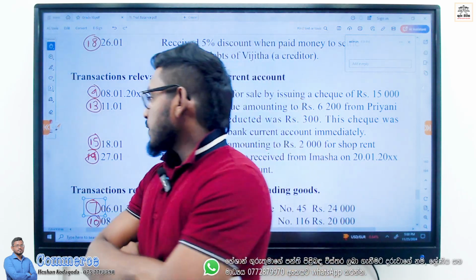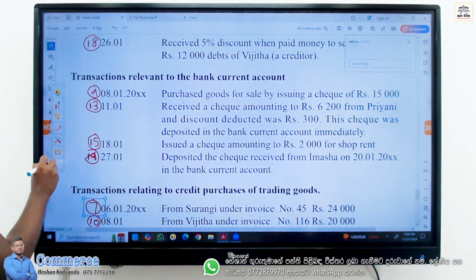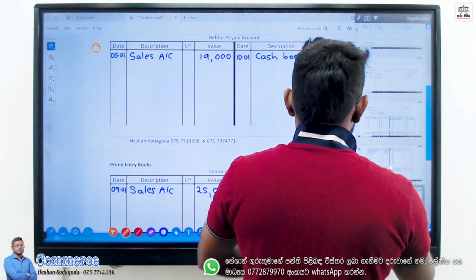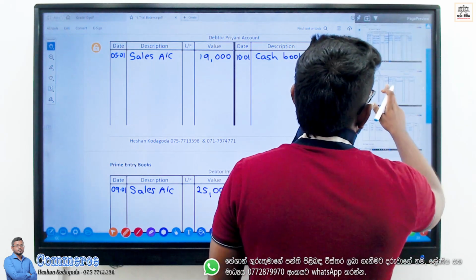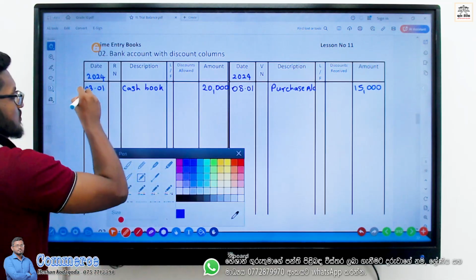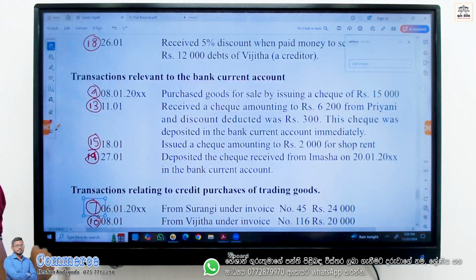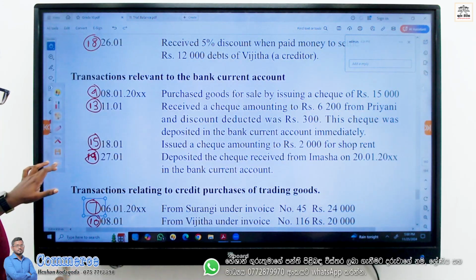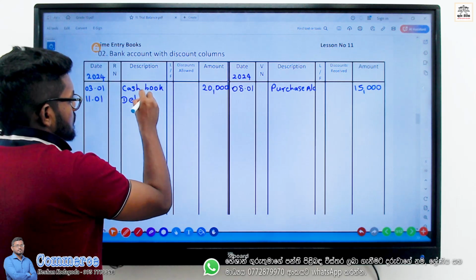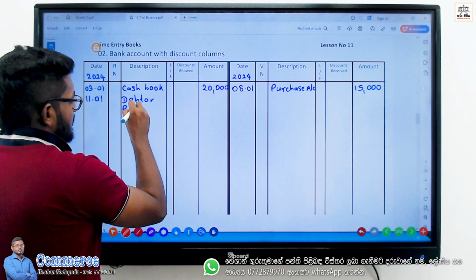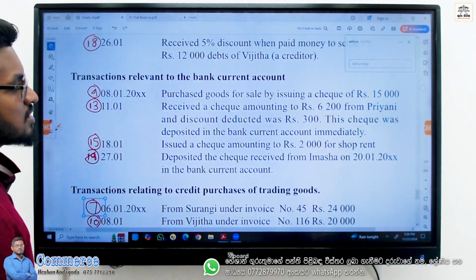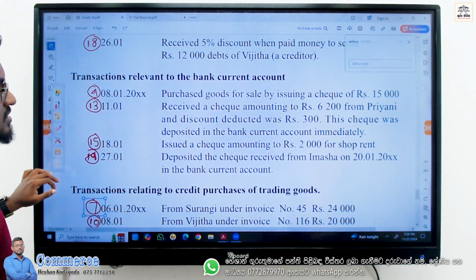So quickly go to the bank account, 11th of January. From whom? Debtor Priyani account. 6,200 and the 300, right?